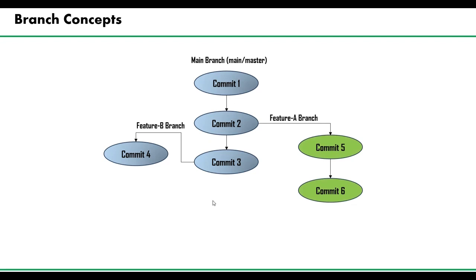So their working directory also reflects their changes. So remember, here is an actually very important note. The feature A branch that you can see here, your colleague is working on it, and the feature B branch that you created for yourself in order to not conflict things with the main branch are independent of each other.